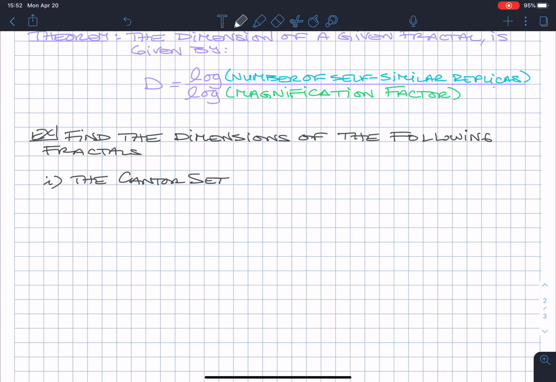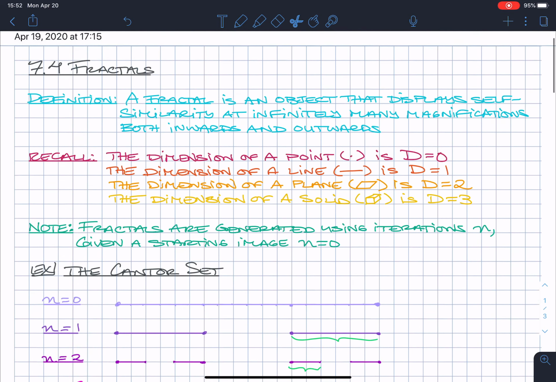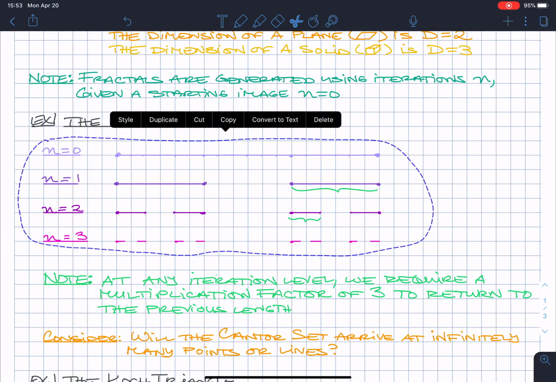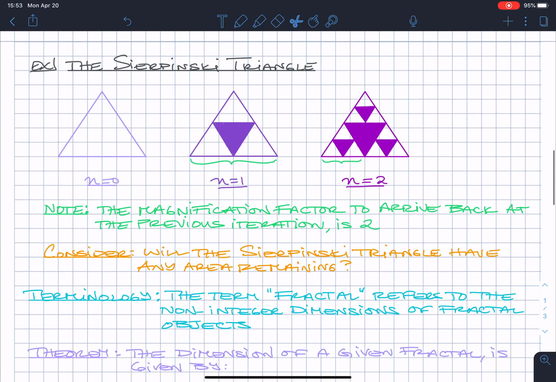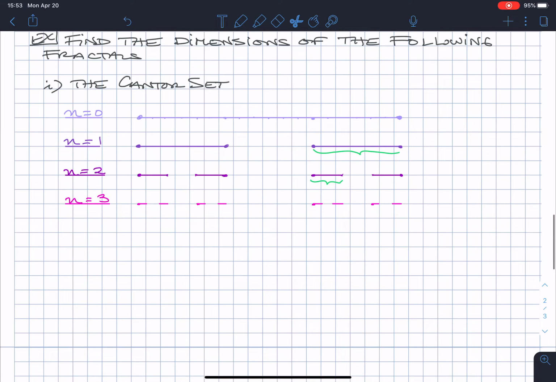So let me just go ahead and copy and paste. Well, why don't I do the whole thing? So copy and paste. So this is our Cantor set.